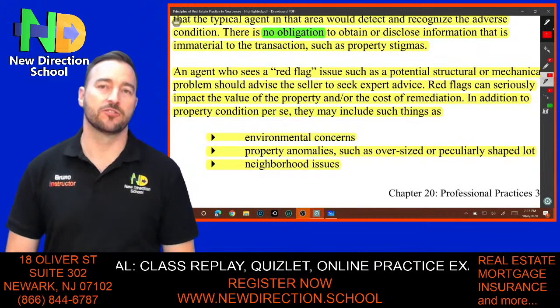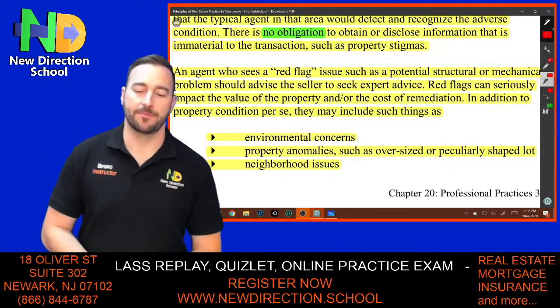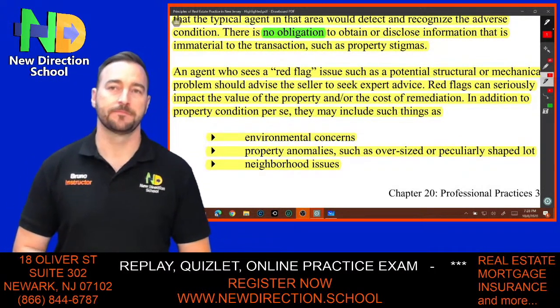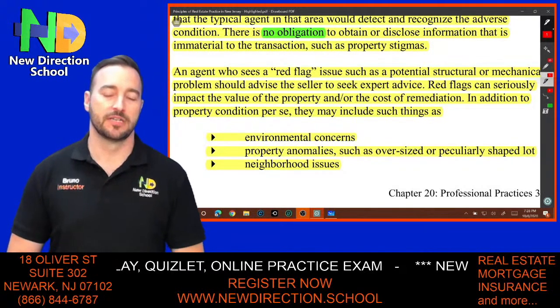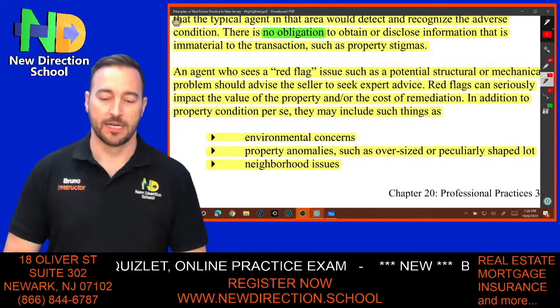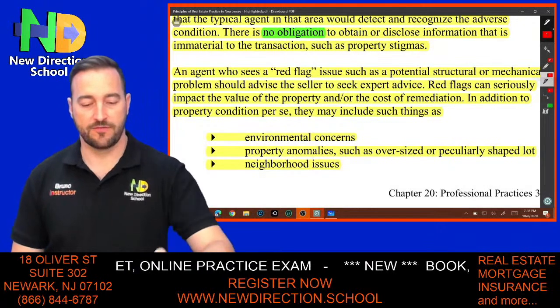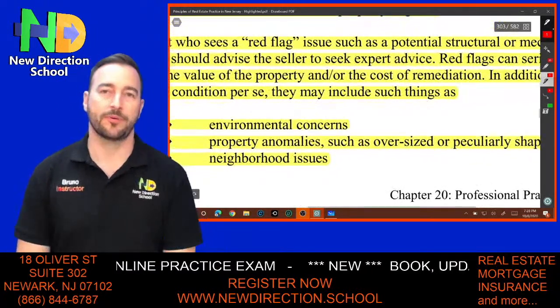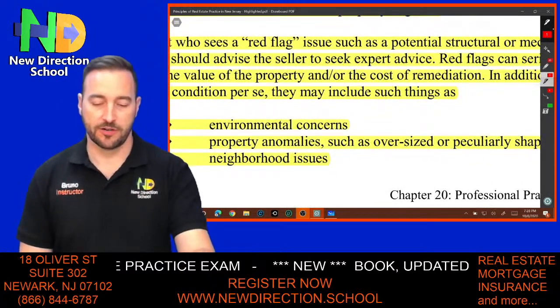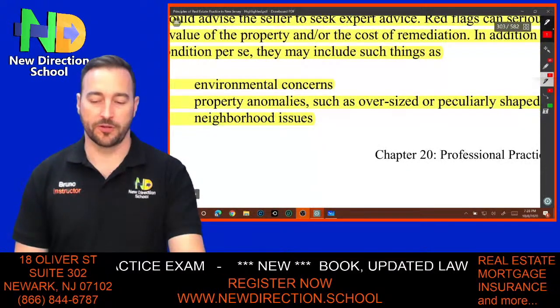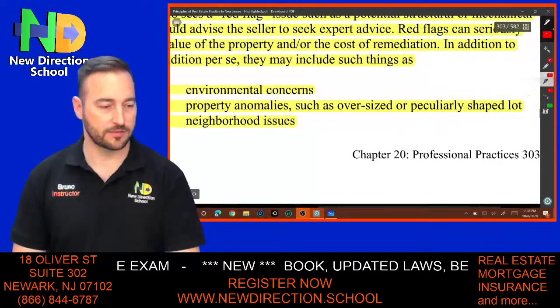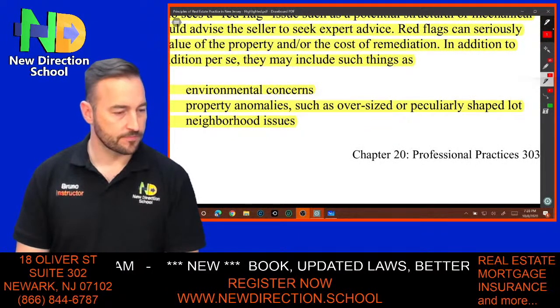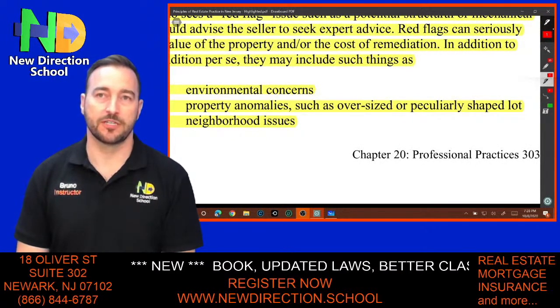Red flags can seriously impact the value of the property and or cost of remediation, in addition to the property's condition per se. So they may include such things as environmental concerns, property anomalies, such as oversized or peculiarly shaped lots, and neighborhood issues.